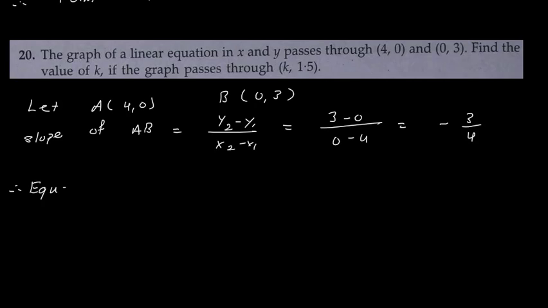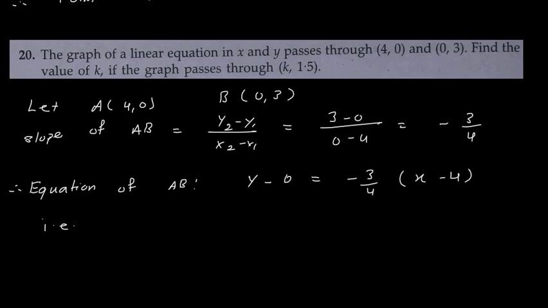Therefore, the equation of AB will be y minus y1, that is 0, equals minus 3 divided by 4 times x minus 4.